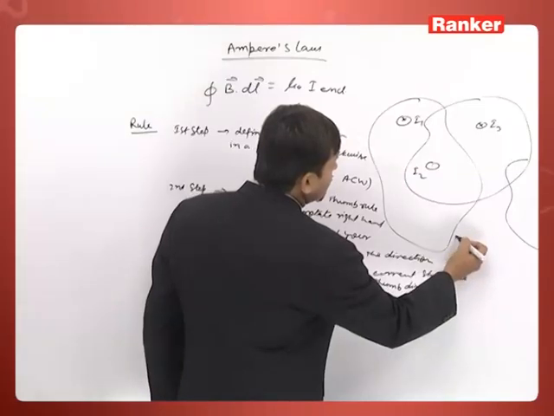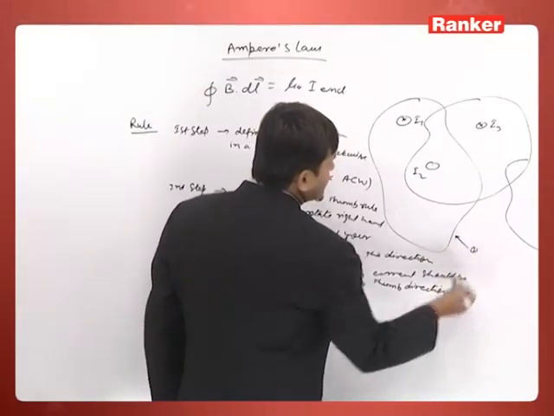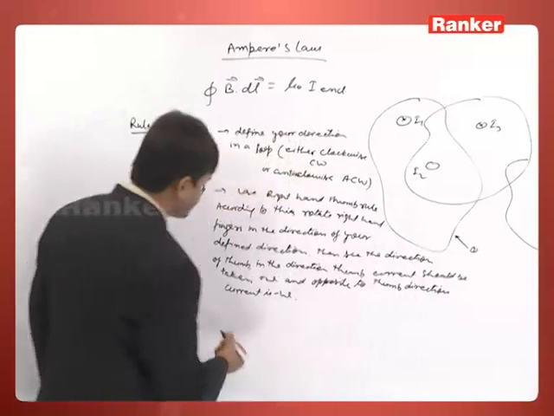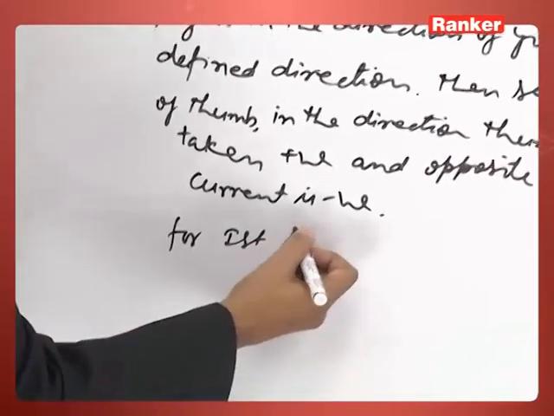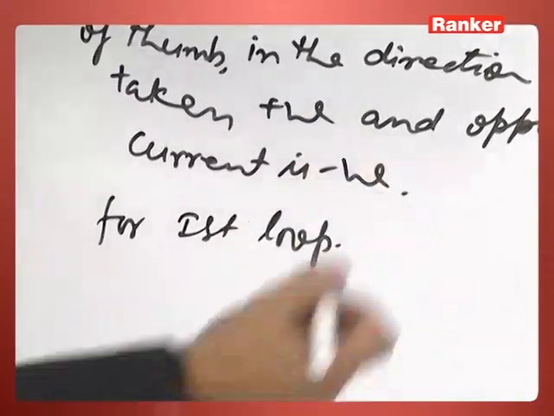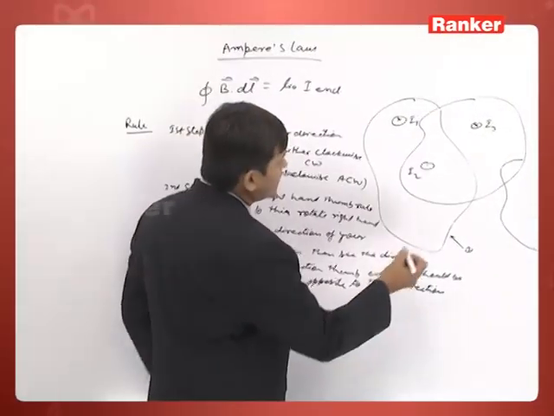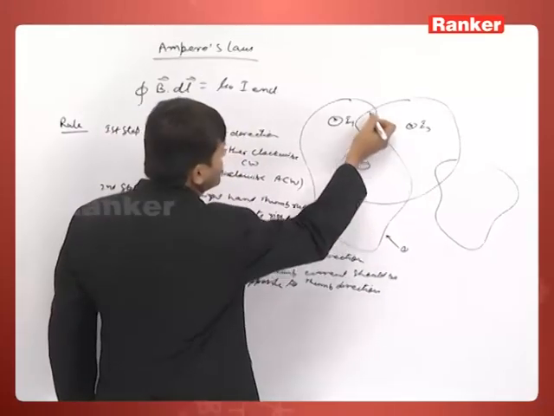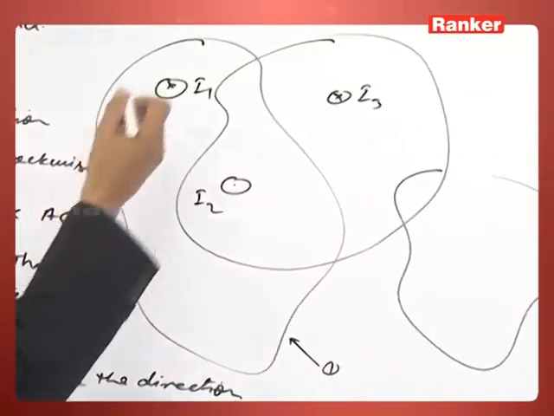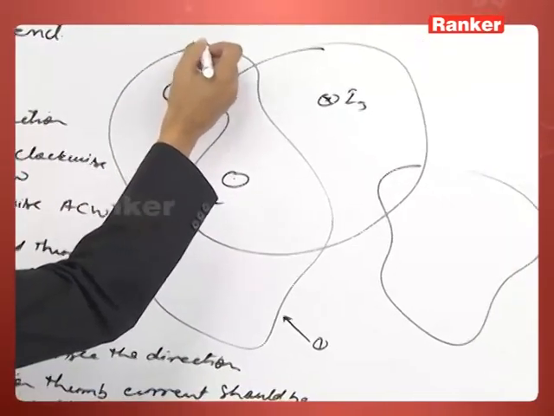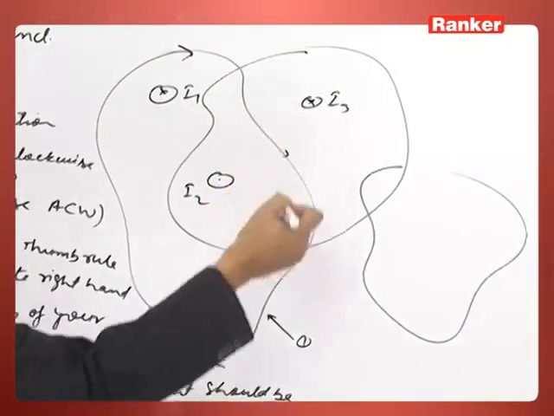If we are looking at the first loop, let it be loop number 1. That loop is this. In this loop, I am defining the clockwise sense.